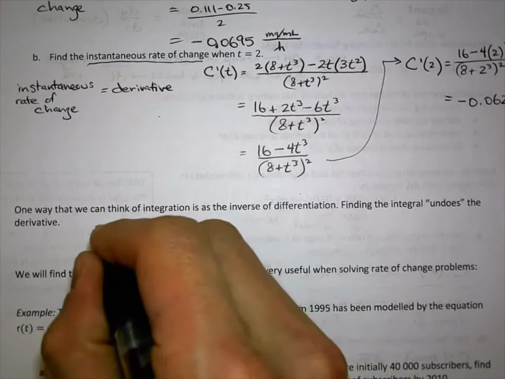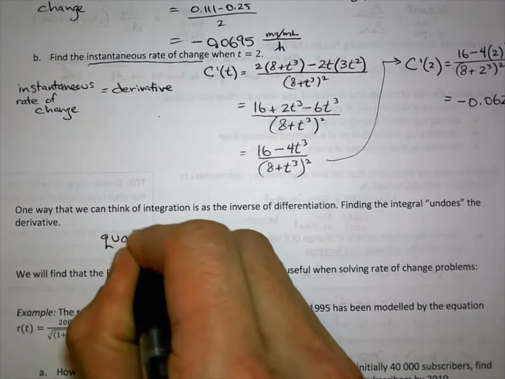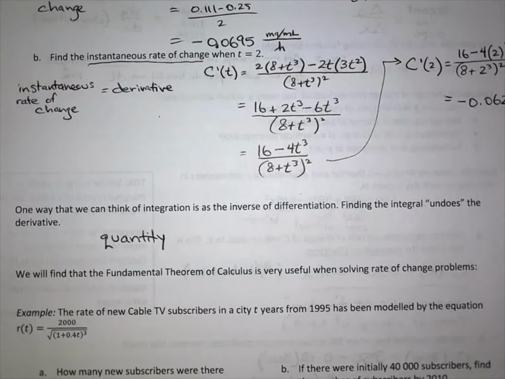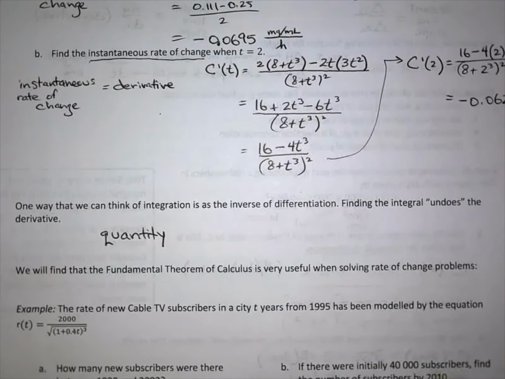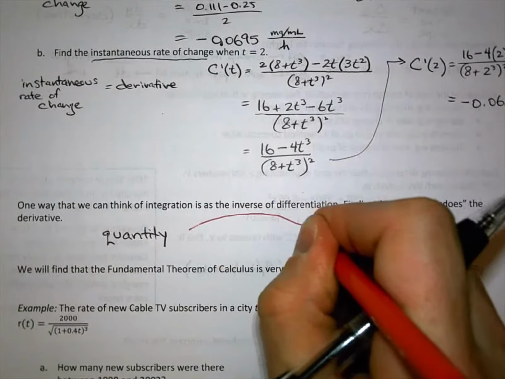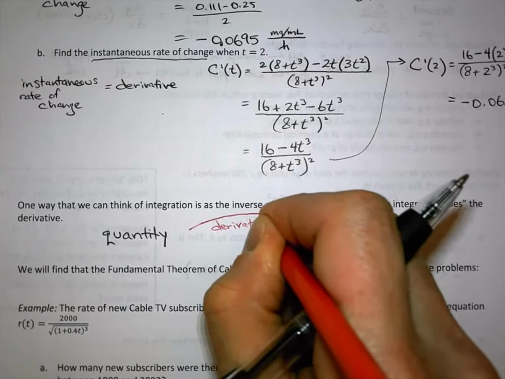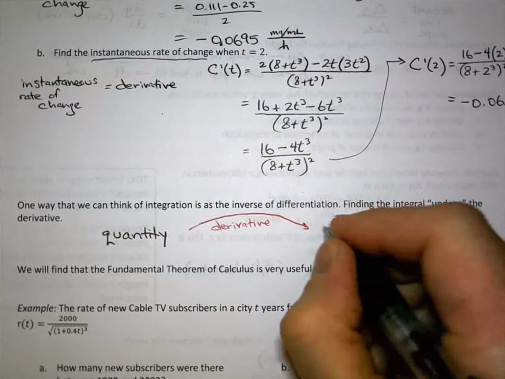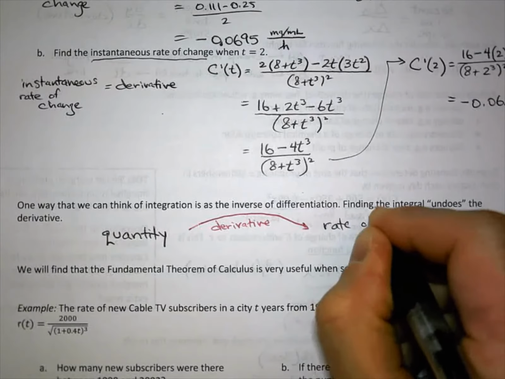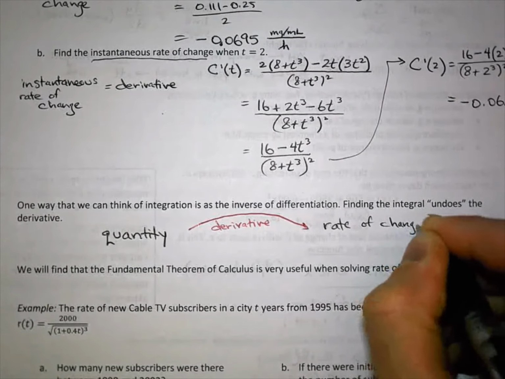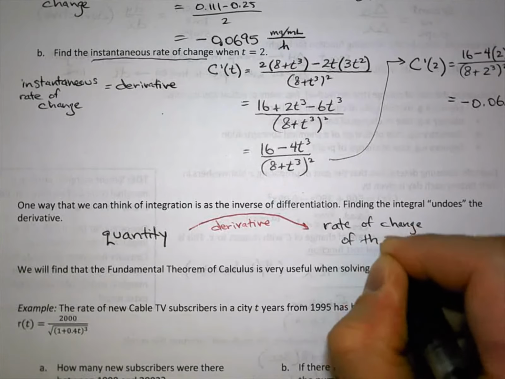So if I have some quantity and I take the derivative of that quantity, that gives you the rate of change of the quantity. And that's what we've been talking about in this lesson.